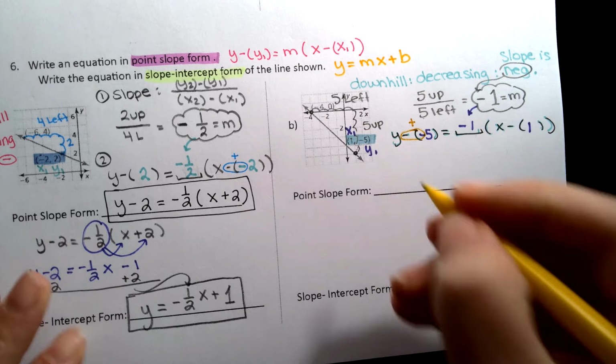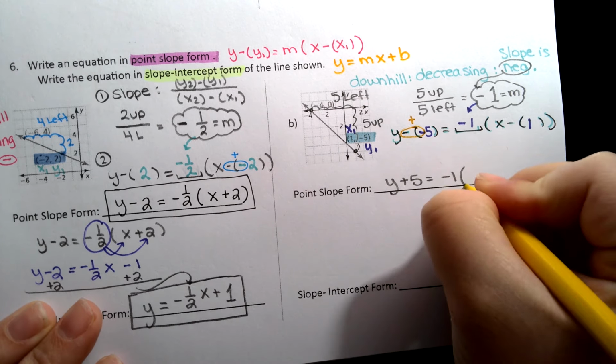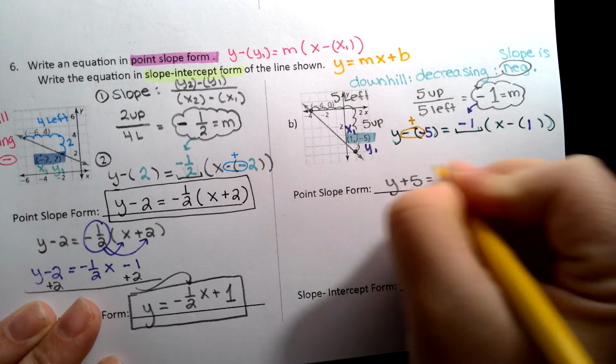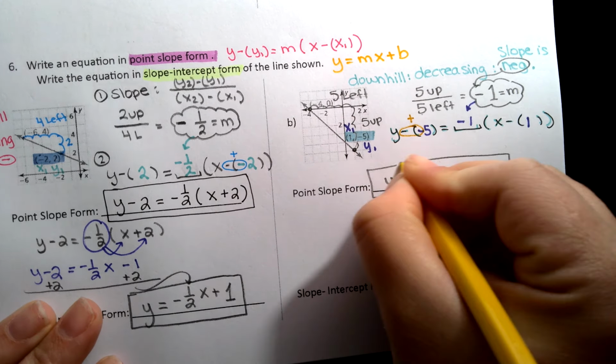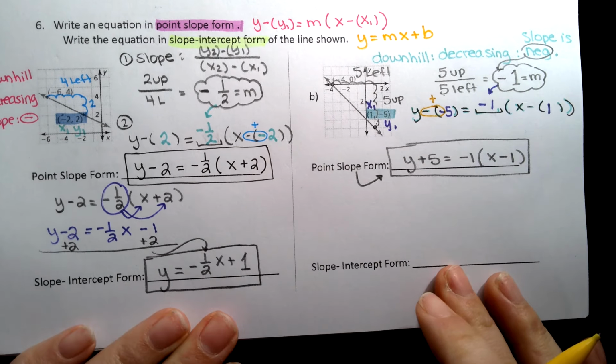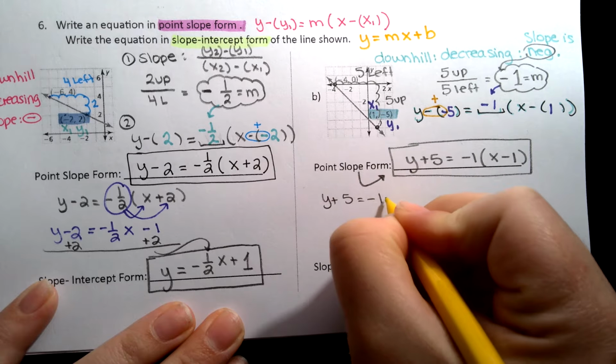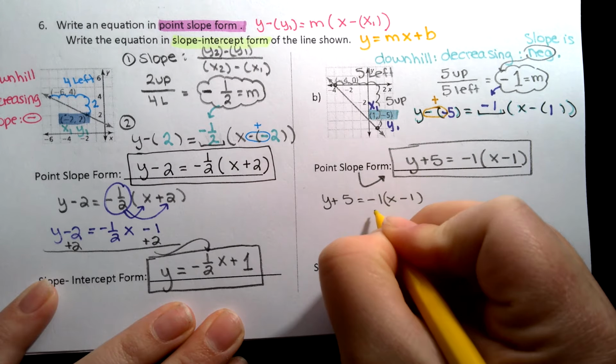And so now we write out our point slope form. y plus 5 is equal to negative 1, open x minus 1, close it. This is your answer for point slope form. But to continue to slope-intercept form, we're going to take that same equation and distribute this negative 1.